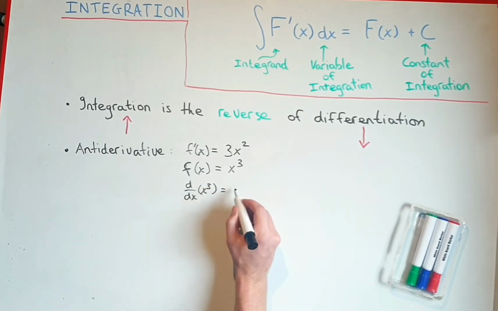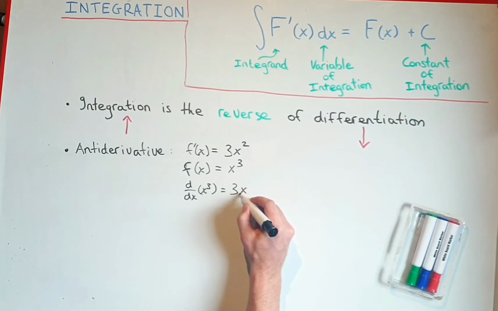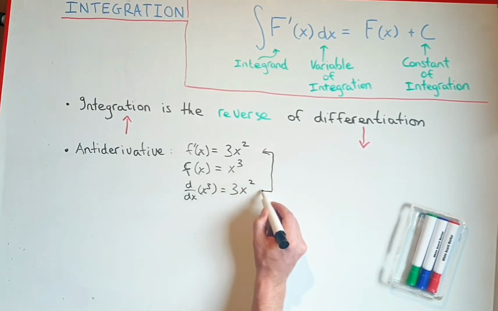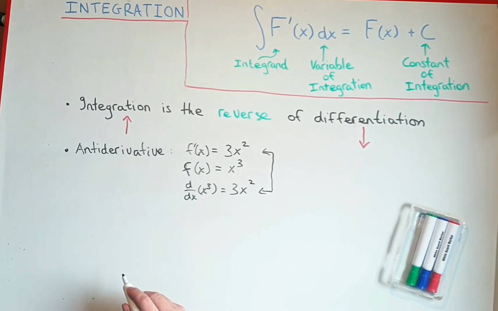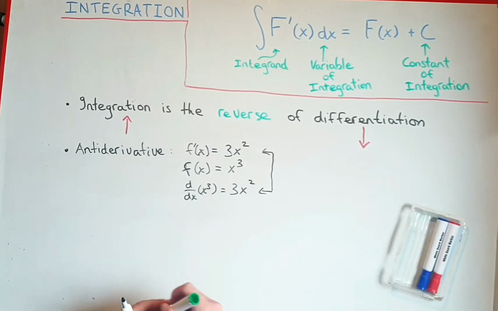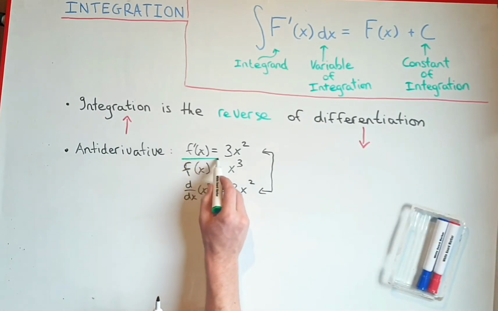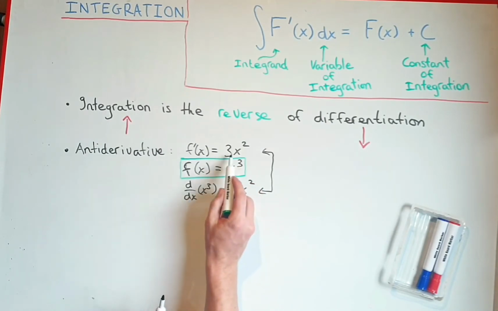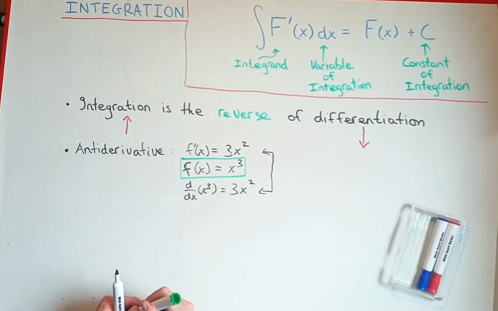We bring down the power and we reduce the power by 1, 3x squared. Can you see here that they're the same? So you managed to work out the original function f of x from looking at its derivative.